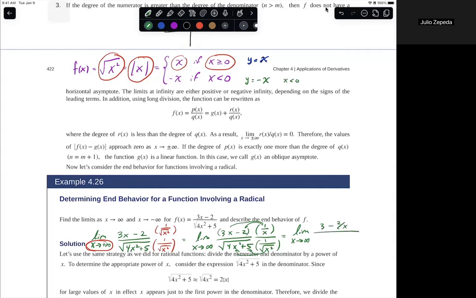In the denominator, I'm going to get the square root of 4x squared divided by x squared, which is just 4, and then 5 divided by x squared is plus 5 over x squared. And so we can see that as x goes to positive infinity, this goes to 0, this goes to 0. And so we're going to get as our answer 3 over the square root of 4, or 3 over 2.